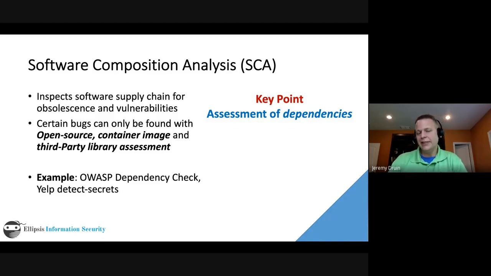Yelp detect-secrets is scanning the code looking for passwords, credentials, private keys, and other secrets that might be embedded in the code that shouldn't be there, and that you would want to pull out and use a secrets manager instead of having a password or a private key or something hard-coded into the source code where just anybody can read it and get a hold of your secret.